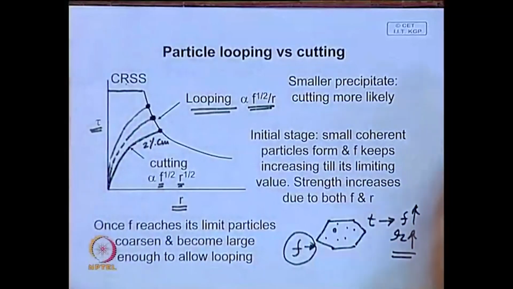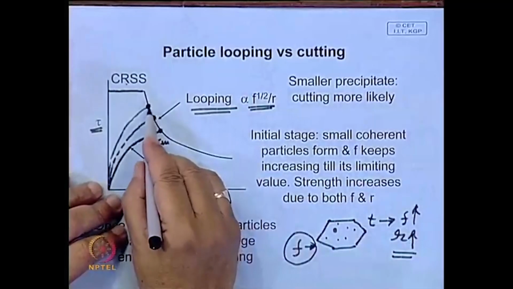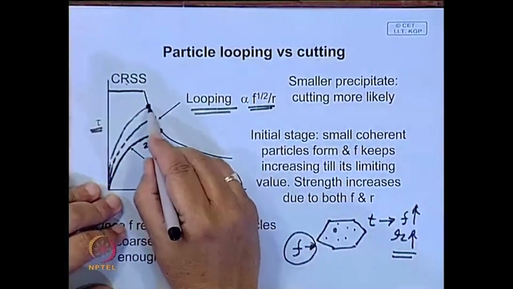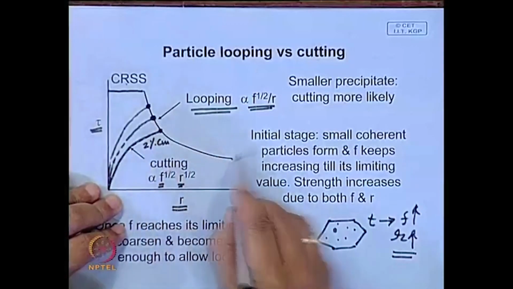After that, what can happen? When that limiting equilibrium amount of precipitate has formed and you are still aging, you have thermal activation, and the precipitate can grow. When it grows, it becomes a coarse precipitate and strength tries to drop, following this path.